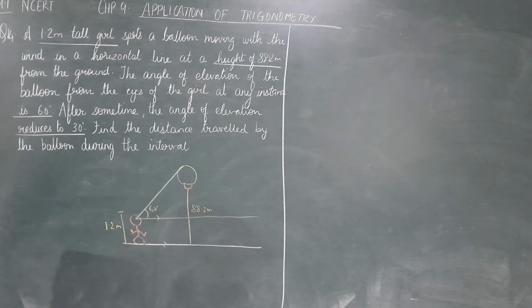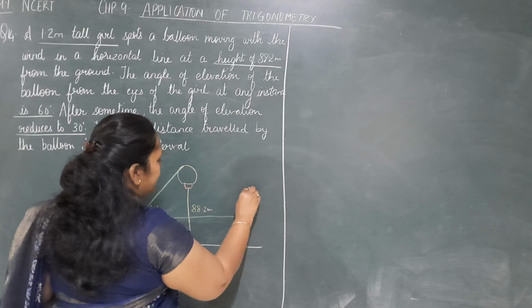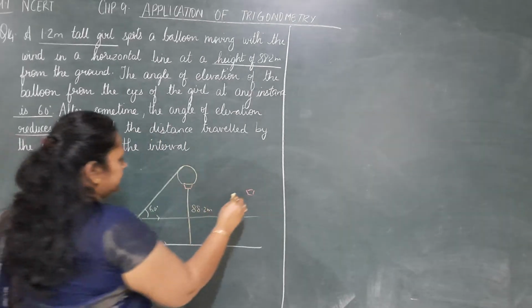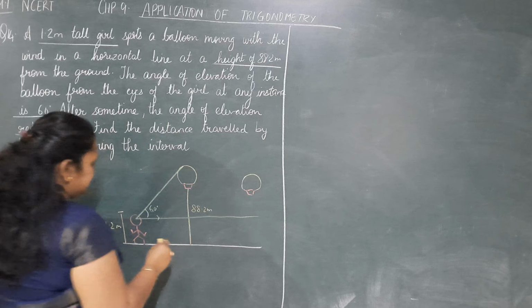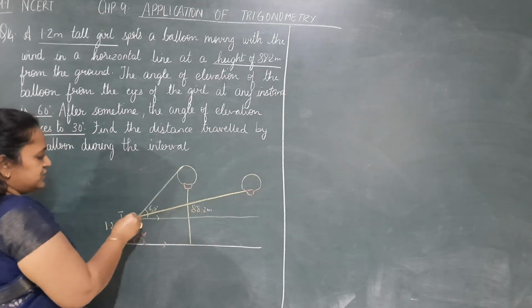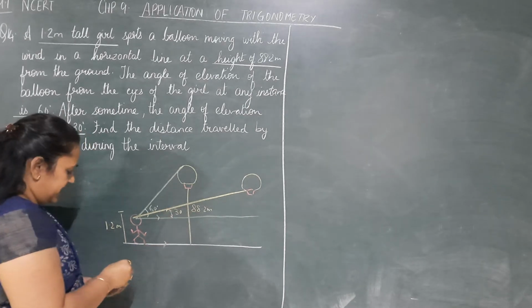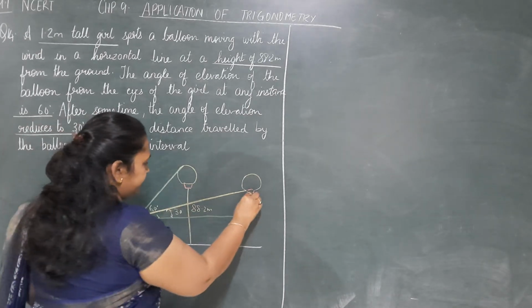We know the wind is blowing at some speed in the horizontal direction. After some time, the balloon reaches another point such that when the girl watches from here, now the angle of elevation has reduced to 30 degrees, but the height remains the same.